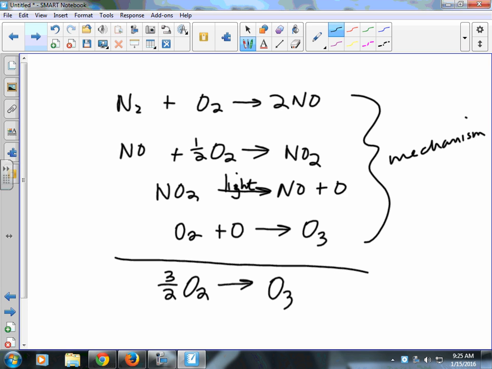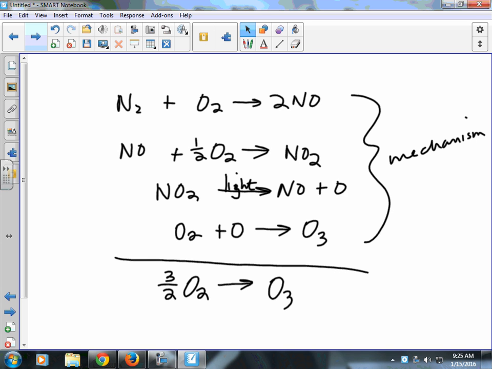N2 is not in the final equation, right? So it is either an intermediate or a catalyst. Intermediates are produced in one step and consumed in another step.